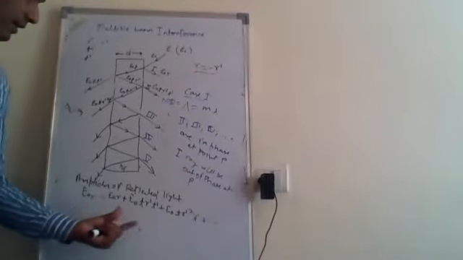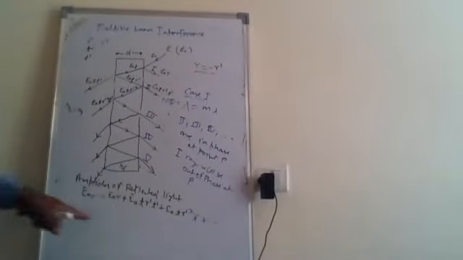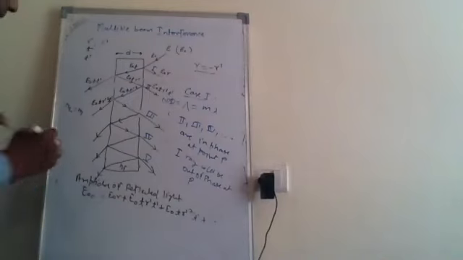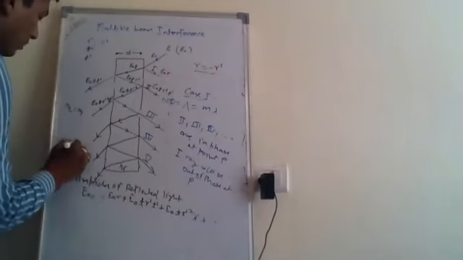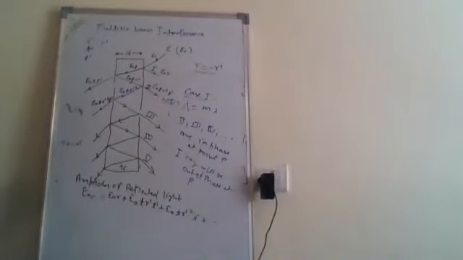Now we can take the common factor and replace r with minus r prime, since r is equal to minus r prime. So we can write this equation.